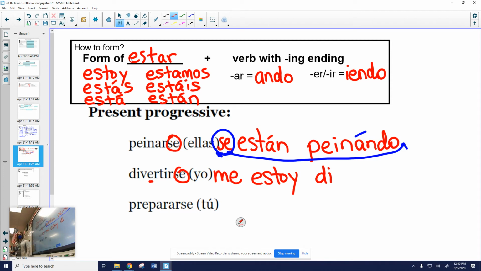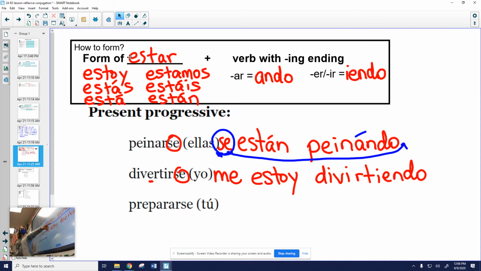I'm not going to test you on this at any point soon, but you would guess that it would be divertiendo, but there's a spelling change. I'm not sure why. It's actually divirtiendo. I'm not going to test you on that, but now you know. The more you know. Rainbow star.